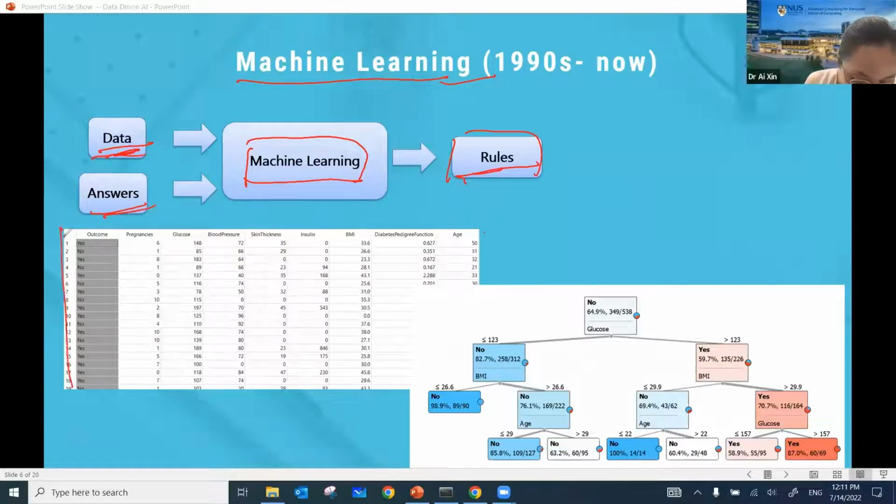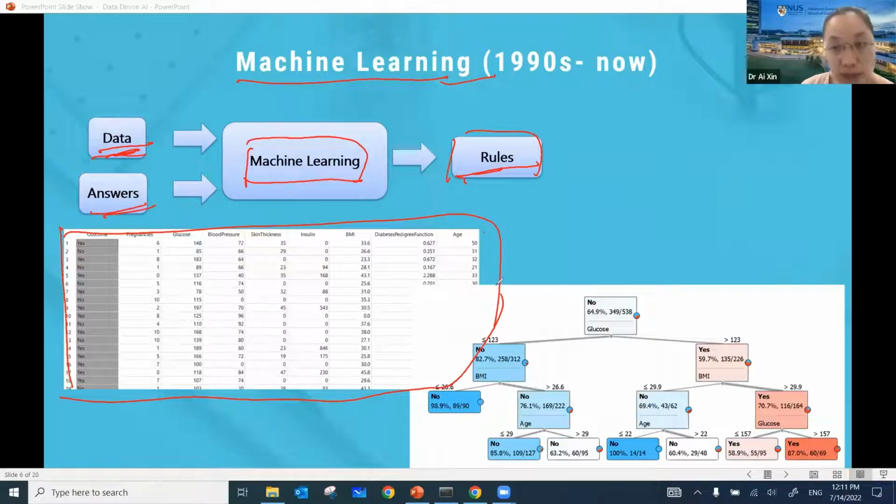This is an example of how to diagnose diabetes. We get some data from a hospital, and they give us records of different patients.